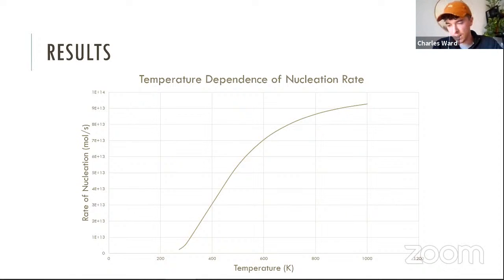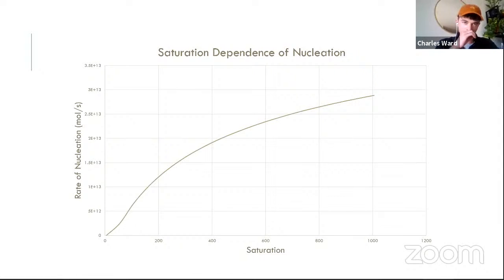So I wanted to look at how I could change something other than temperature so I could have a fast nucleation, but still keep it at low enough concentrations that my particles stay small. So that's why I looked at this saturation dependence of the nucleation process.